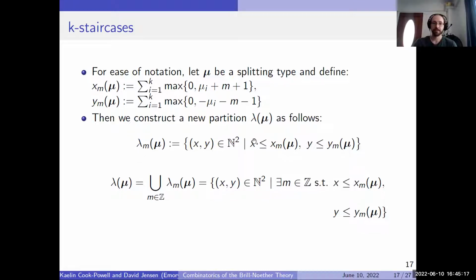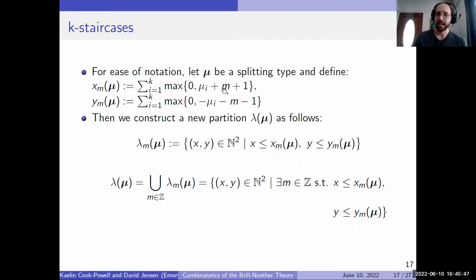which is, well, I want all boxes that are to the right or to the left of XM of that splitting type, and all boxes above YM of that splitting type, these two values. Now, this may seem like you could have an infinite number of these partitions that will arise this way, but it actually ends up being a finite number just from some of the properties of splitting types.